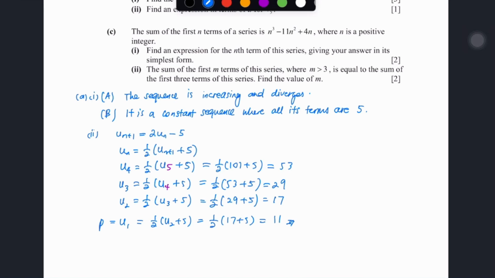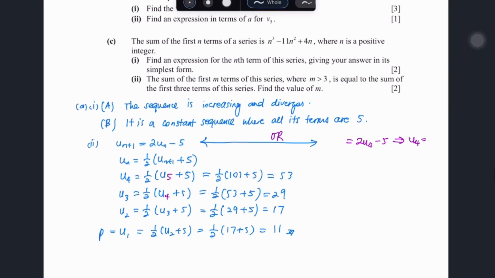Okay. Now the other way is to substitute into this. Okay, the other way is to do 53 equals 2U4 minus 5. Then you make U4 the subject, U4 equals 53.